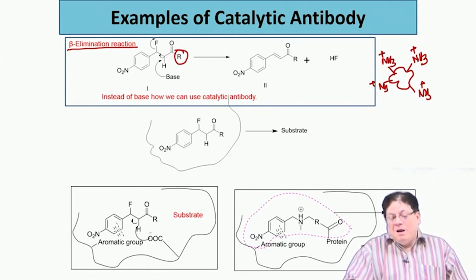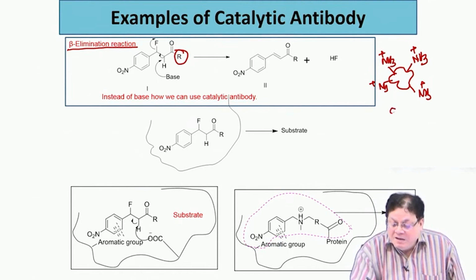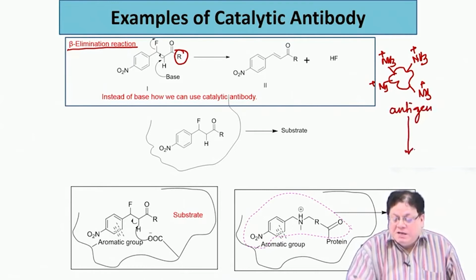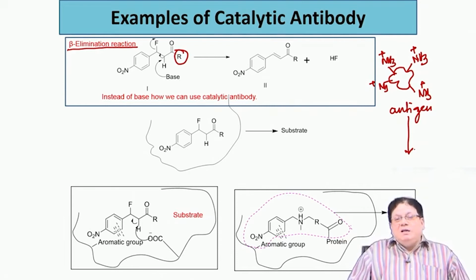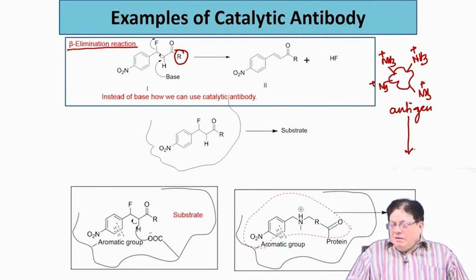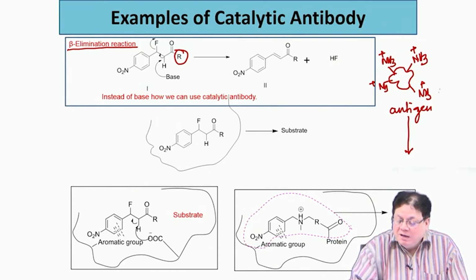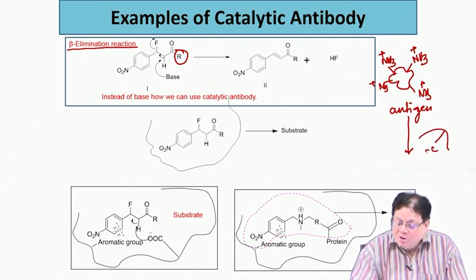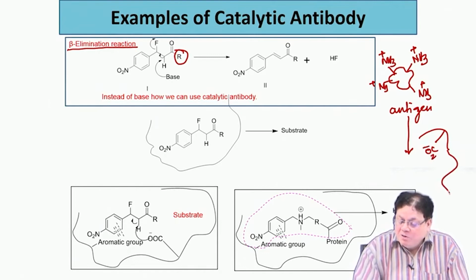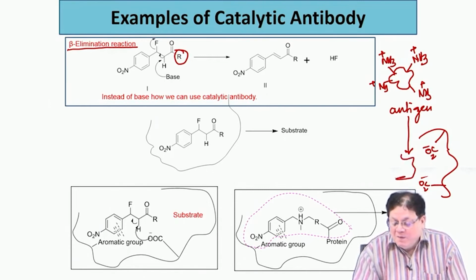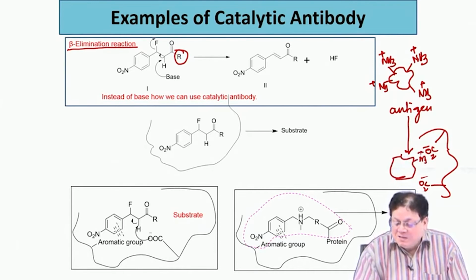Now, if an antibody is generated against this antigen, I can definitely assume that, because the antibody is recognizing this, it must have a lot of carboxylate groups, because only then there will be an interaction with the NH3 plus.